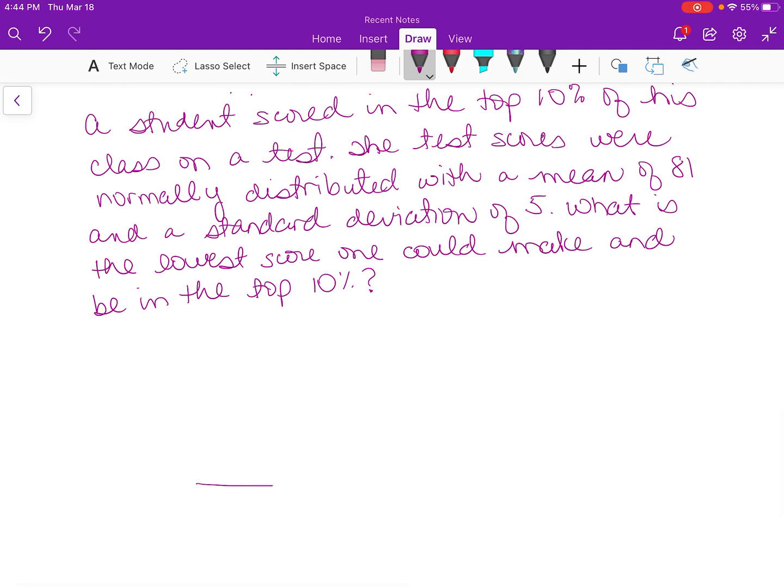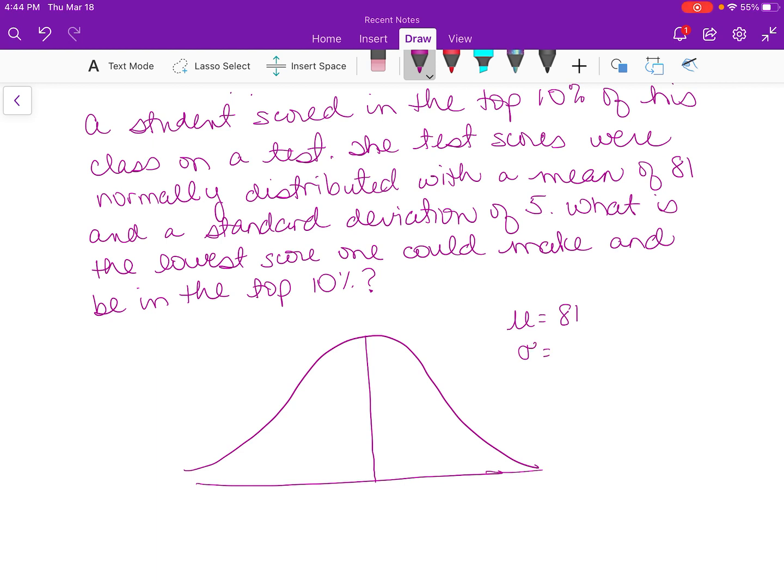So I know that my distribution is normally distributed. I know that the mean is 81 and the standard deviation is 5. And I know I'm in the top 10%. So the probability that X is greater than some value that I don't know is equal to 0.10. And I know it's greater than because it said the top 10%.